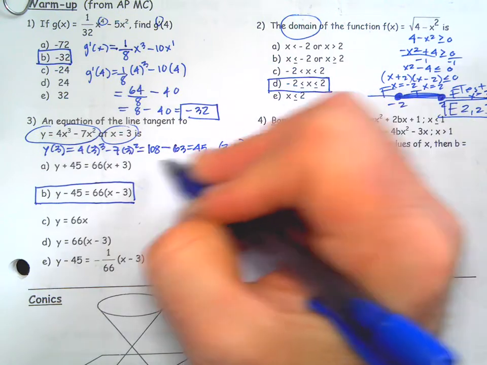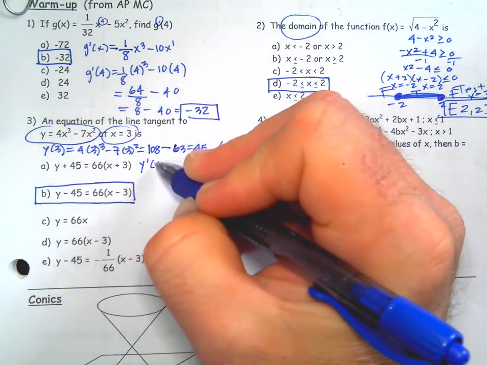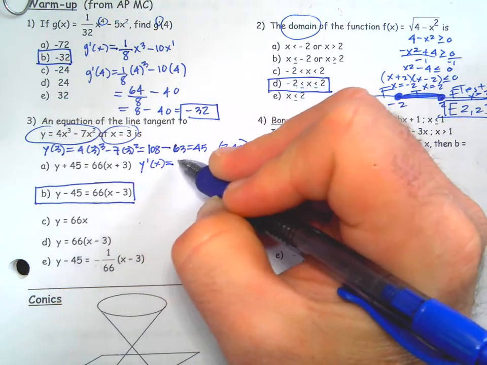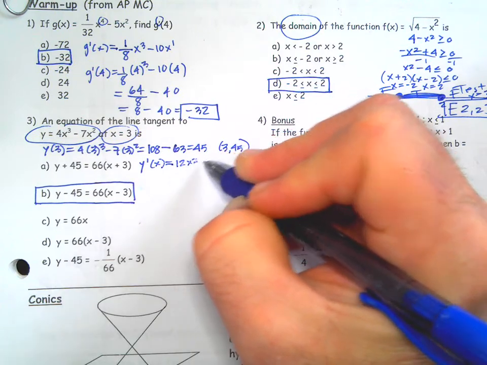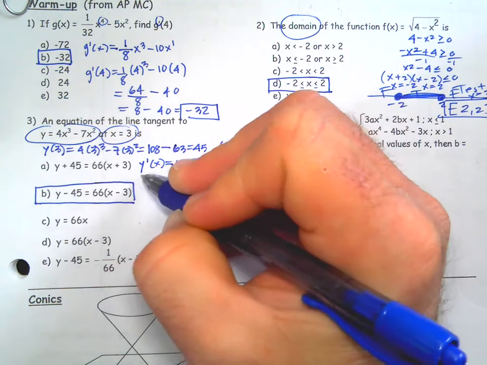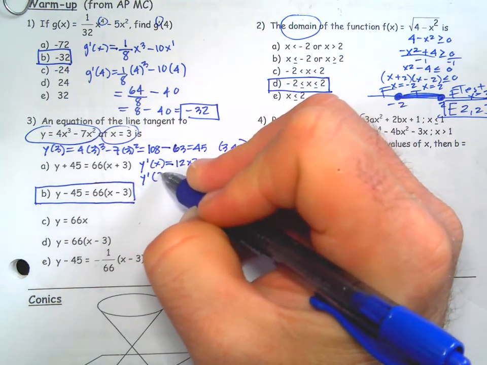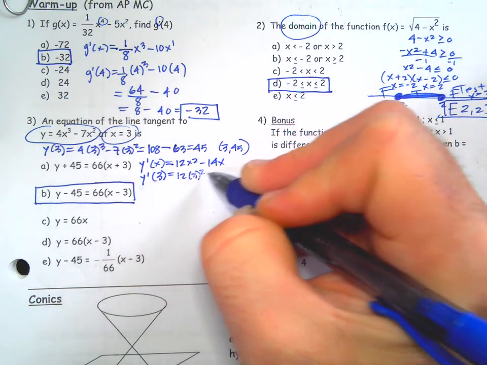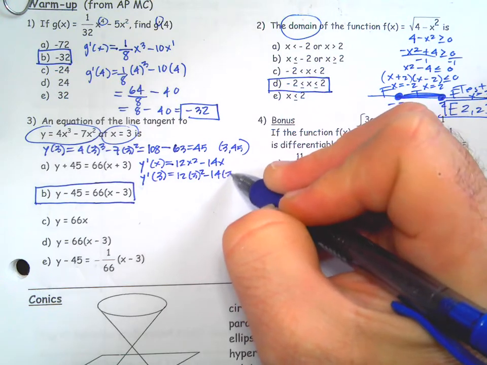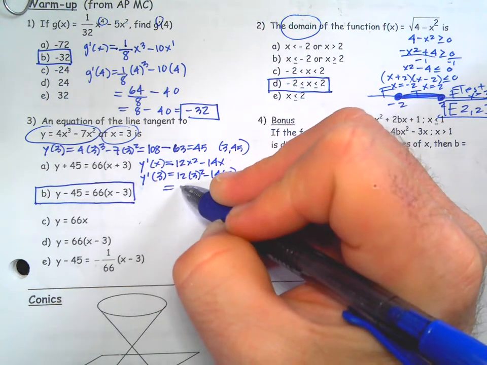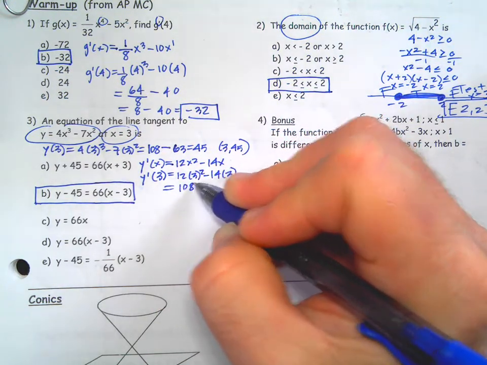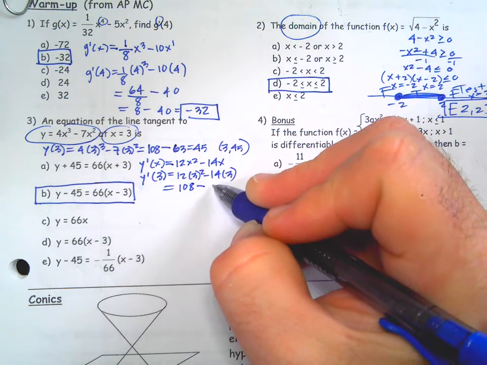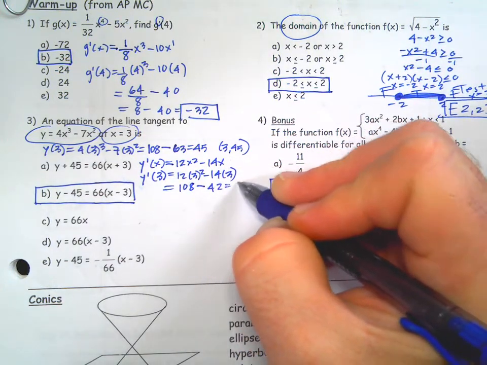Then we need the slope, which comes from the derivative. So we've got to do y prime, power rule, 12x squared minus 14x. Then we want the slope specifically at x equals 3. So we plug 3 in. And we get 12 times 9 is 108, minus 14 times 3 is 42, equals 66.